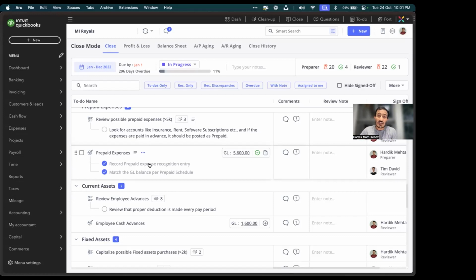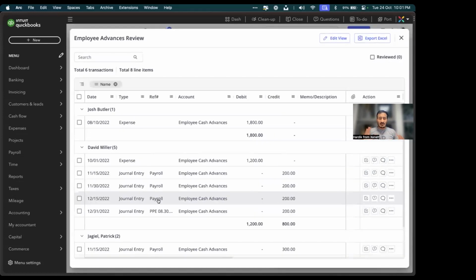So what I have also done here is that I created custom review points in such a way that, let's say, when I click here, I literally see the summary for every single employee, right? And while we talk about this, let me also share how the entries should actually be done. I have seen many clients where we just dump all the transactions of employee advances in one single account.